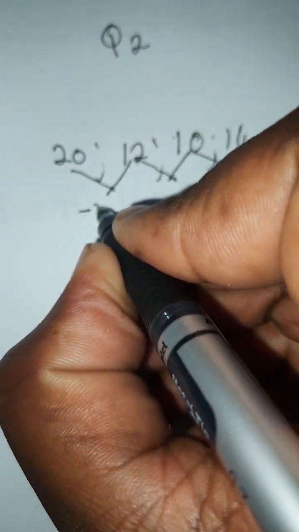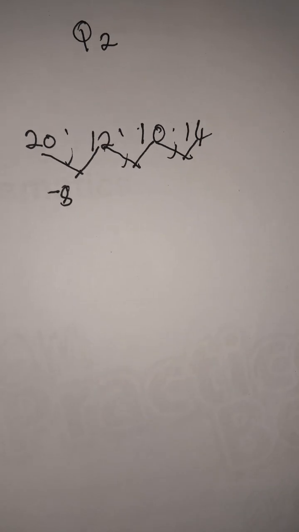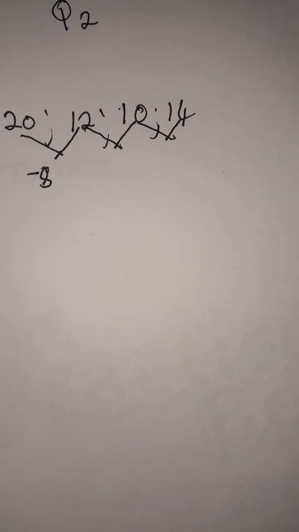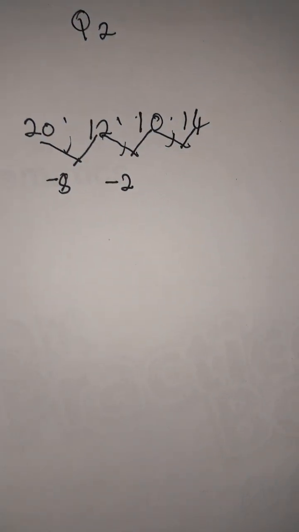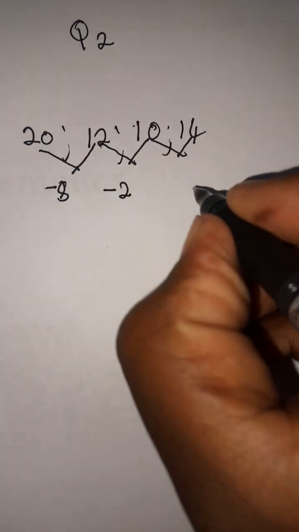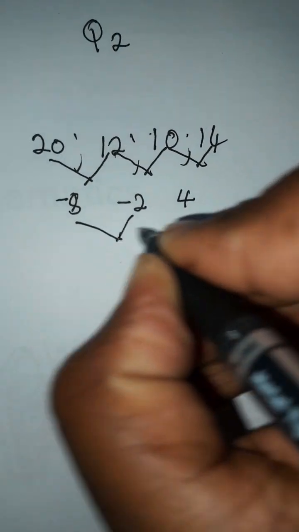So the best way is to say 12 minus 20, which is negative 8. You place negative 8 here. Then 10 minus 12 is negative 2. 14 minus 10 is 4. We place 4 here. So that's our first difference.